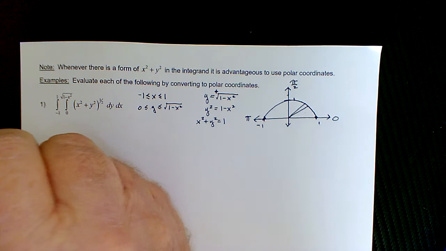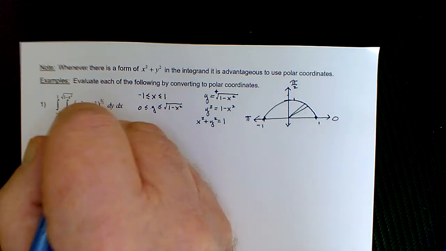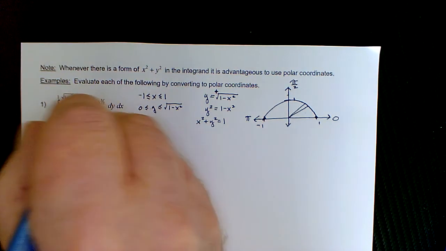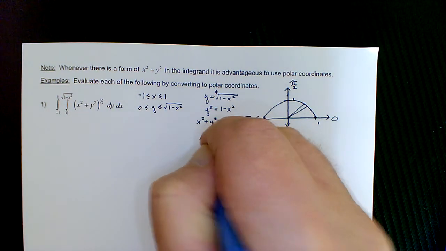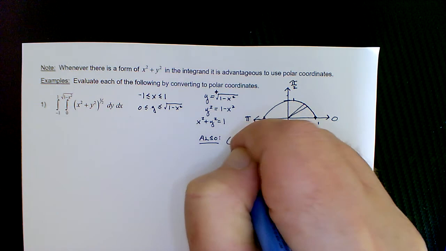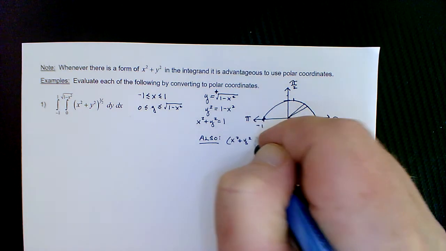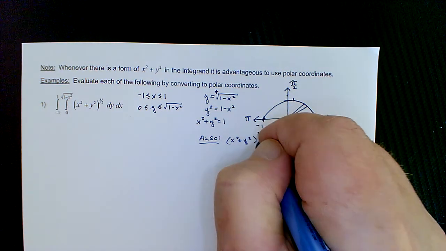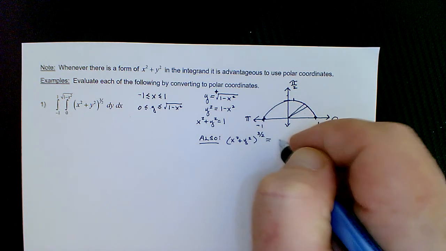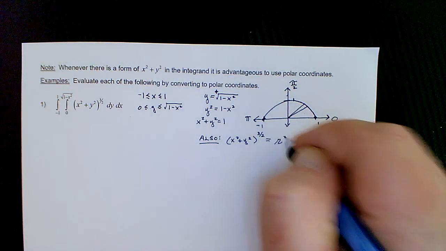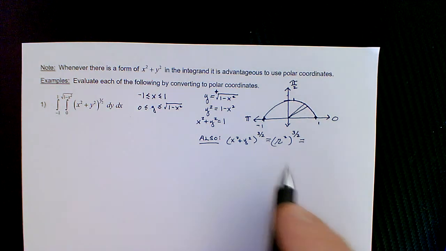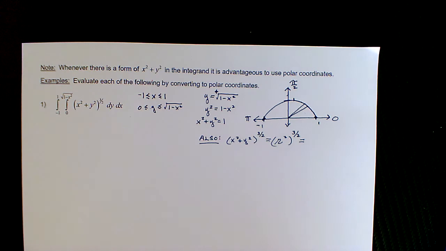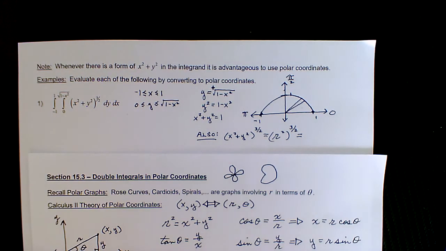Then when we set up the double integral, first off, we also have to consider changing the integrand. So let me say here also, we want to realize that x squared plus y squared to the 3 halves is the same as r squared to the 3 halves, because of course we have the conversion factors that we stated earlier in the beginning.